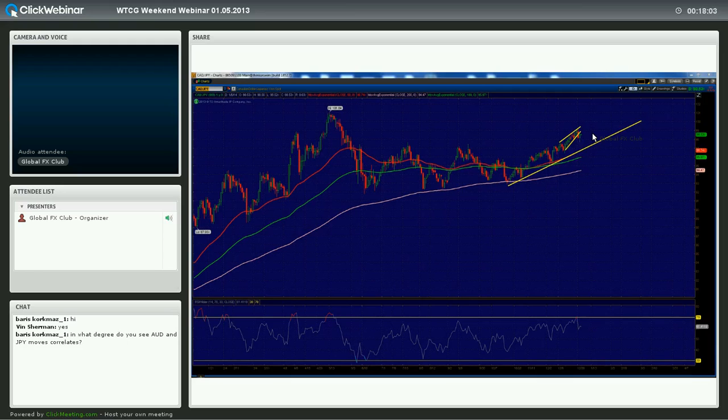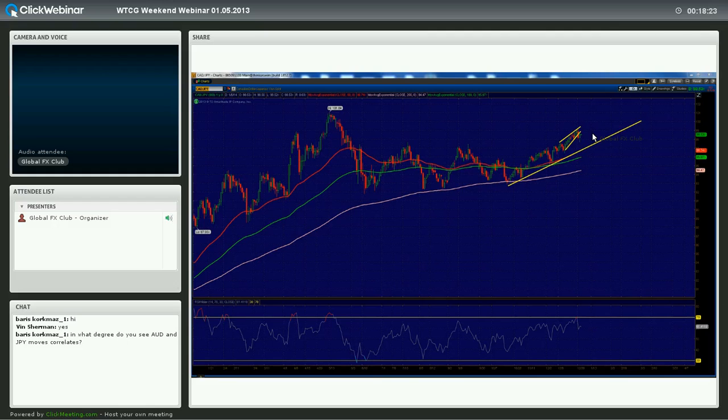Lately, though, the Aussie's been doing its own thing, and the yen has been doing its own thing as well. The yen's just been going down, which means yen pairs up, and the Aussie has just been going down. So the two of them have been weakening together, which is not usually that common.